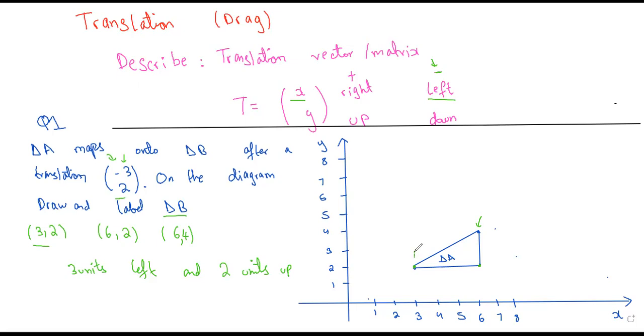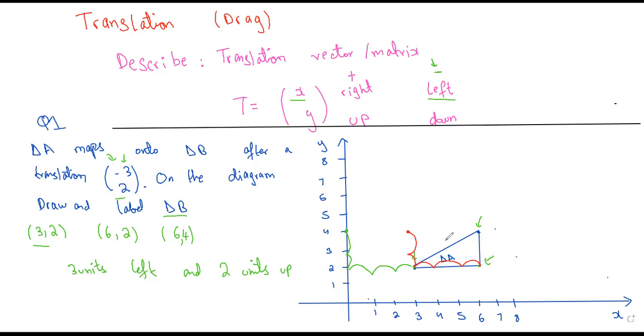So let's talk about this point. I'll move it 3 units left, 1, 2, and 3, and then 2 units up, 1 and 2. So this is the first coordinate. Very good, 0, 4. Excellent, Rania. And what about the second one? So I am going to move it 3 units, 1, 2, 3, and then 1 and 2.